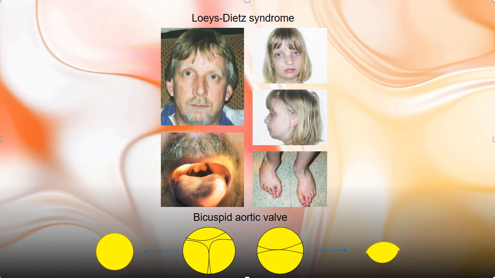The fourth type is a bicuspid aortic valve.